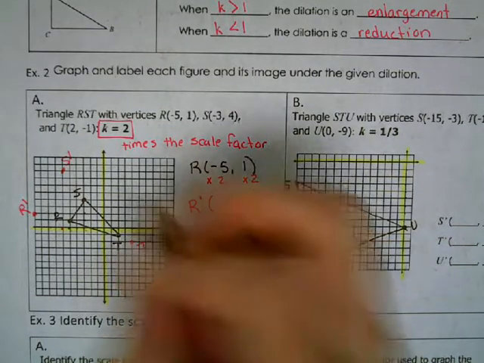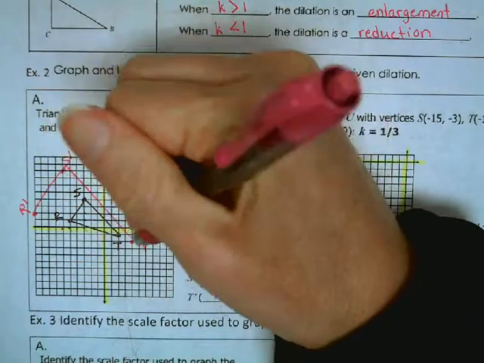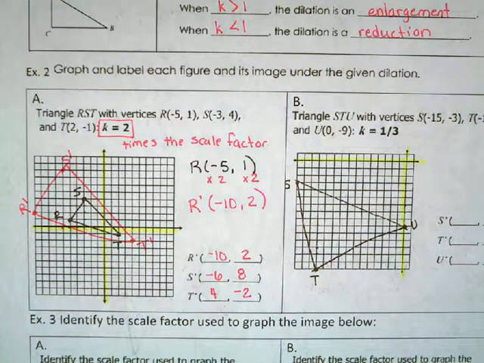So the idea is this new picture, with my little apostrophes, is twice as big of a triangle as the original.